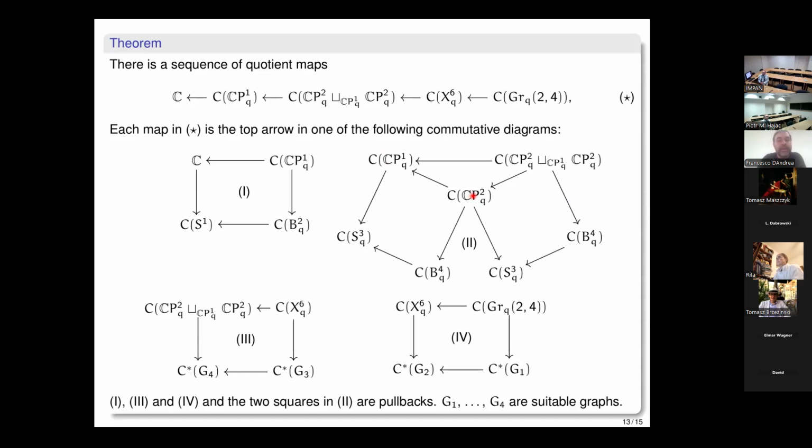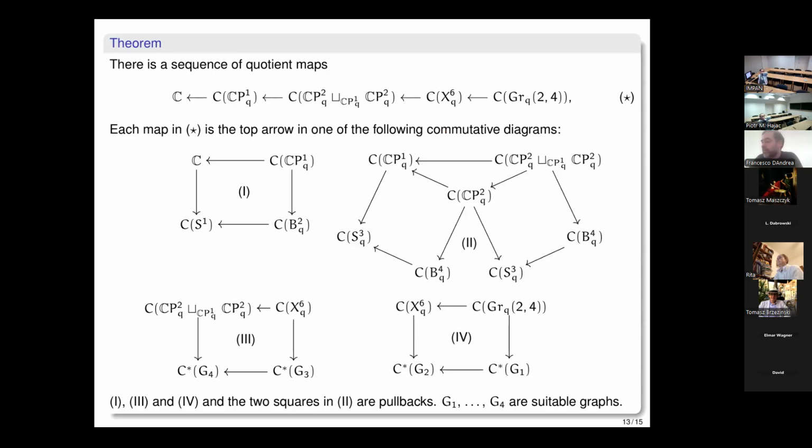You repeat this again, you attach another quantum ball to CP2Q along its boundary. And what you get is this sister algebra. So the quotient map that you see in this decomposition, this quotient map here, makes this whole diagram commutative. It's the composition of these two quotient maps. So you can interpret it as attaching two balls, one after the other.